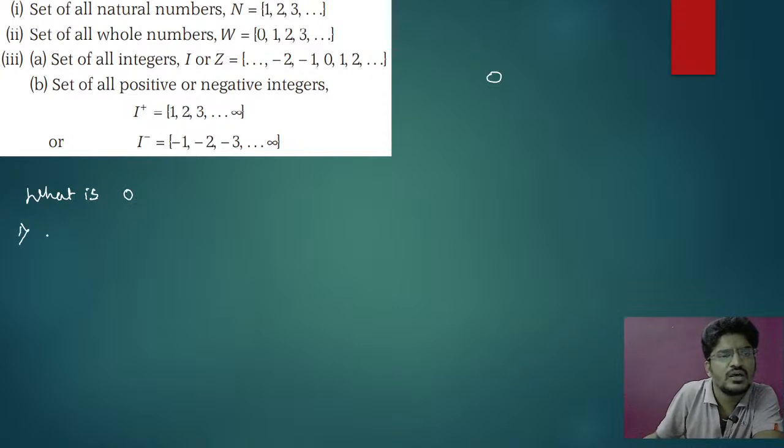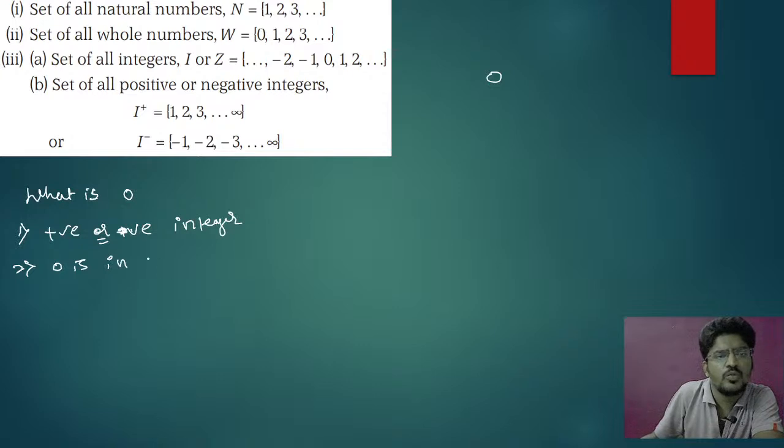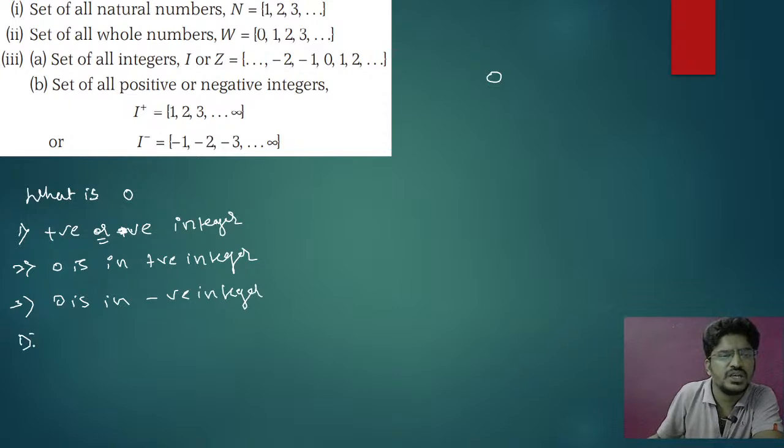Option 1, positive or negative integer. Option 2, 0 is in positive integers. Option 3, 0 is in negative integers. Option D is none of these.